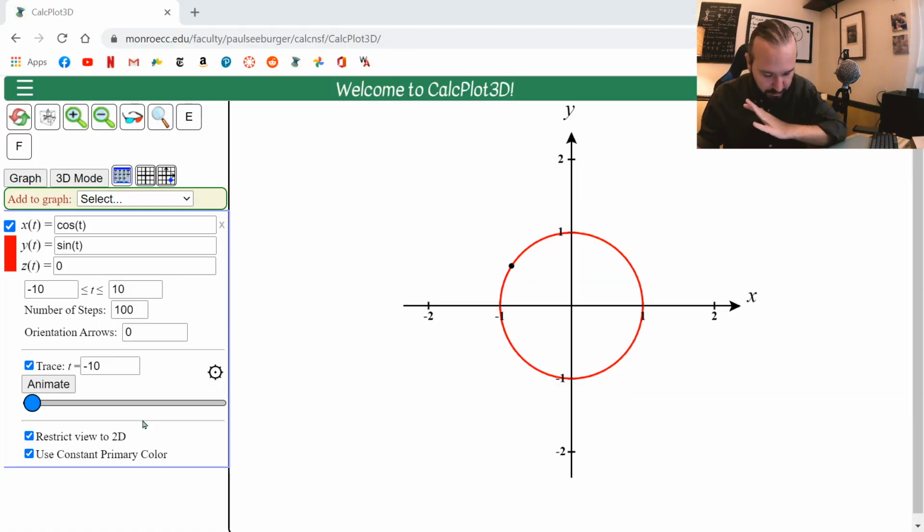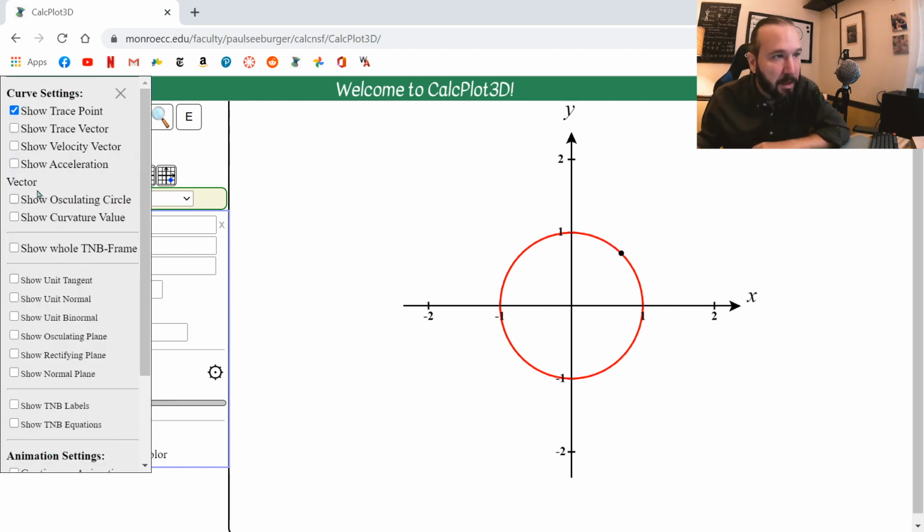Okay, here I've got CalcPlot 3D, and so far all I've done is get the computer to graph the point. This is just the location of this particle as it moves around. I can have the calculator display all of these different vectors.